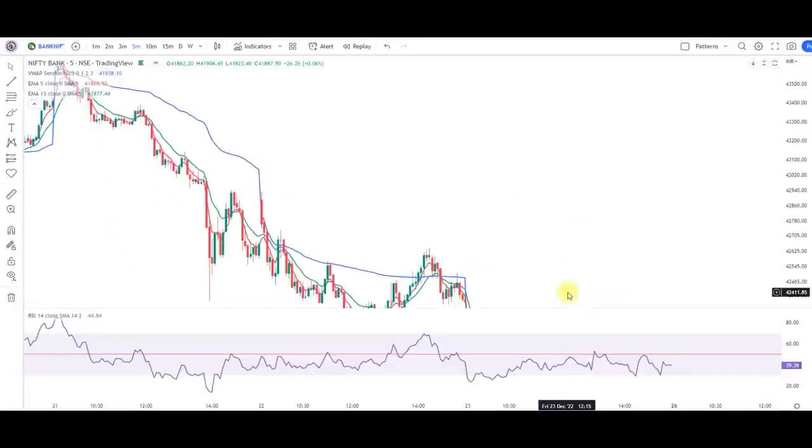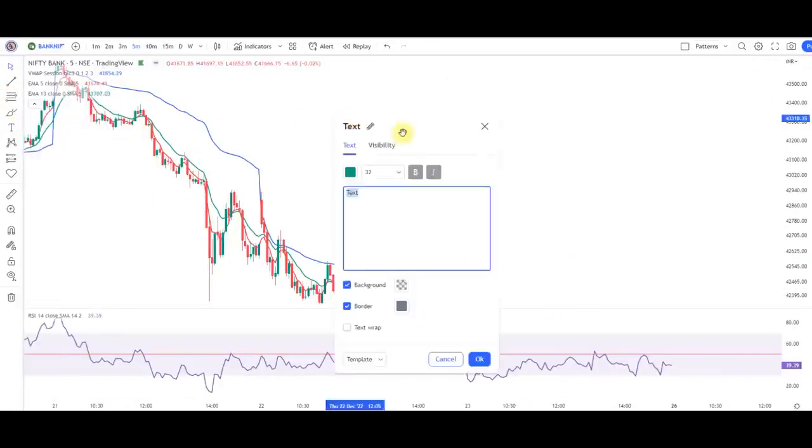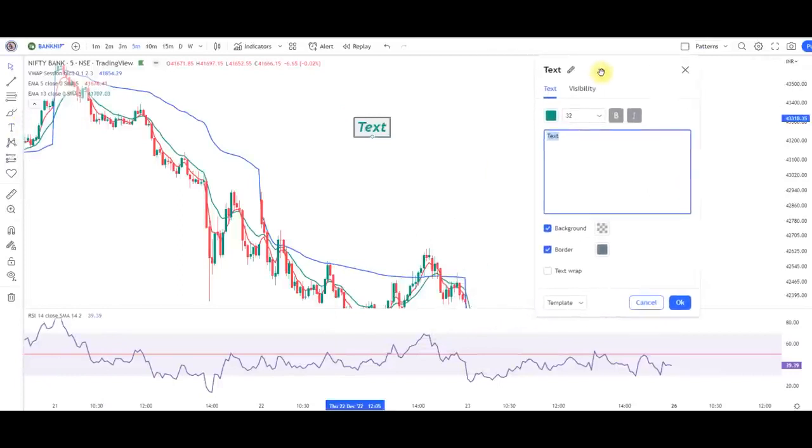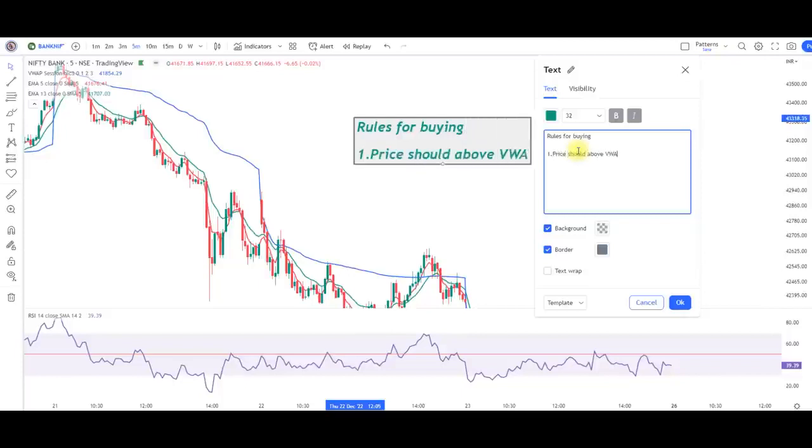Now we can see the rules for buying and selling opportunities. First we will see the rules for buying. So I will write down here. Rules for buying. First rule is price should be above the VWAP.